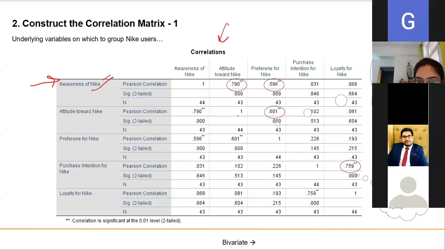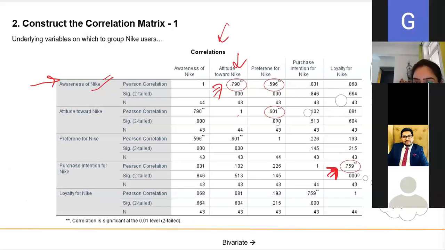Highest is 0.790, between attitude towards Nike and awareness. And second highest is loyalty for Nike and purchase intention.